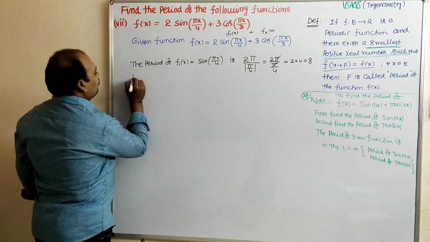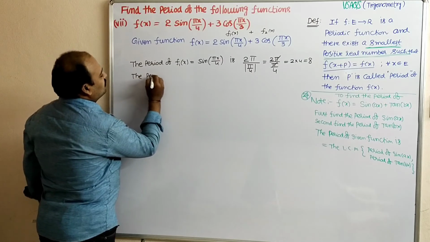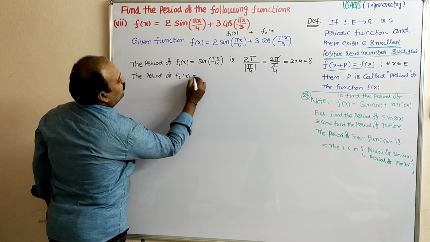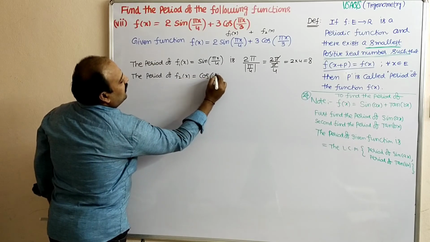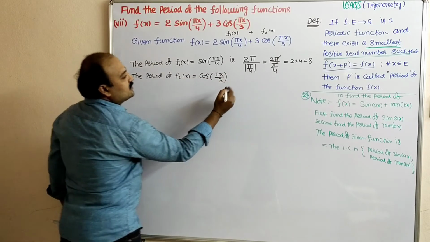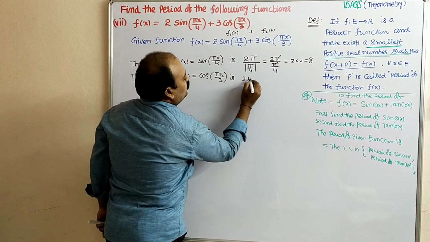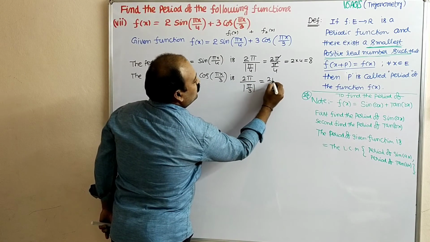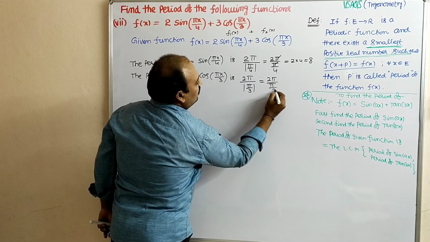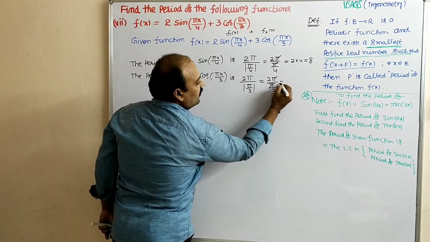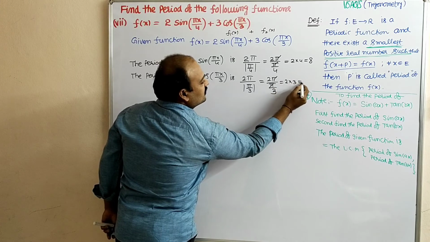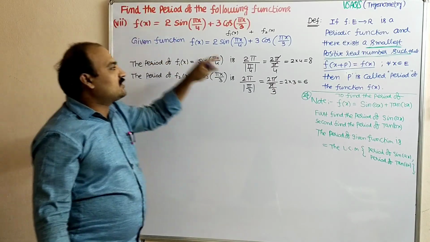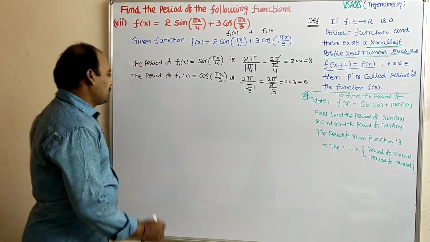Second one, I am writing the period of the second function, the period of f2 of x equal to cos pi x by 3 is 2 pi by mod pi by 3. So 2 pi by pi by 3, pi gets cancelled, denominator of denominator 2 into 3 is equal to 6. Now to get the period of this function f of x is the LCM of 8 and 6.